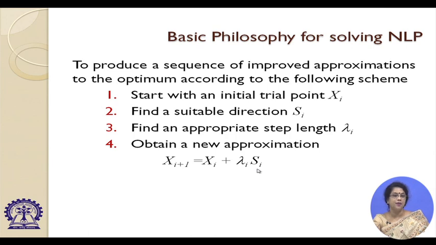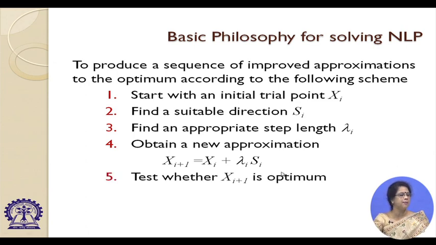If I am moving to the left, the direction will be negative. If I am moving to the right, the direction will be positive. Now, lambda is the step length, sorry. Then I will get the next point. xi will move to xi plus 1. I will do the same process. xi plus 1 will move to xi plus 2.